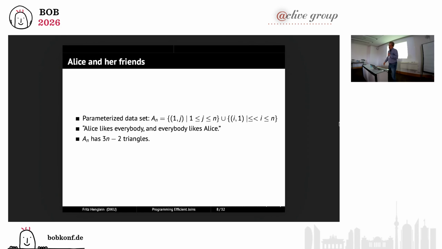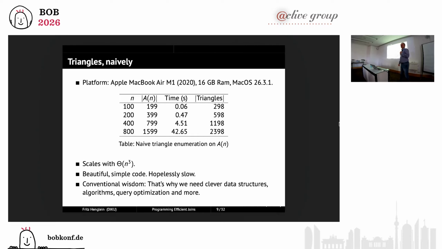Okay, so let's look at some execution times. Beautiful, simple code. And we can see that if you execute the code on, like, 400, 800, we get the number of triangles, and this is the number of edges.